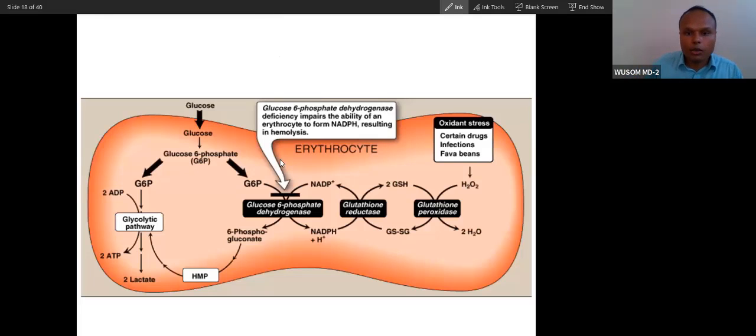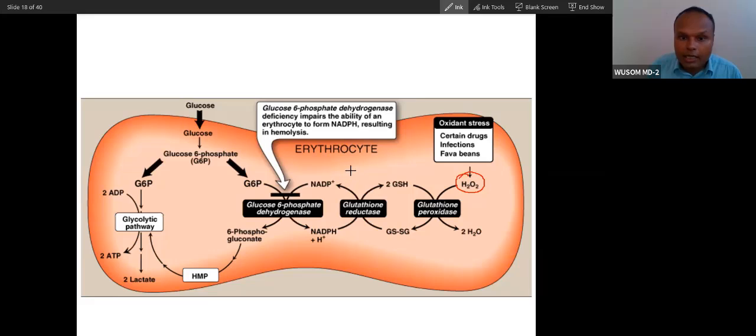So you can see the pathogenesis. If you see this whole pathway, you will be confused. So as I have told you, just focus on the point: the oxidant formation, the oxygen free radical formation inside the RBC.